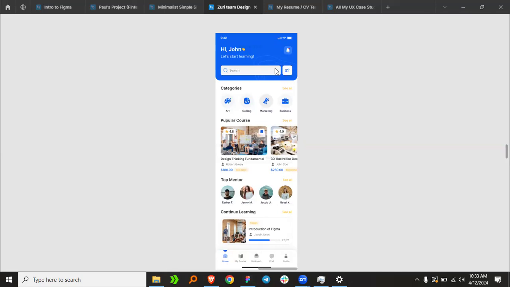Some colors overlap here and there, but really it depends on what the client wants. If they tell you black is our primary brand color, then you don't really have a choice.